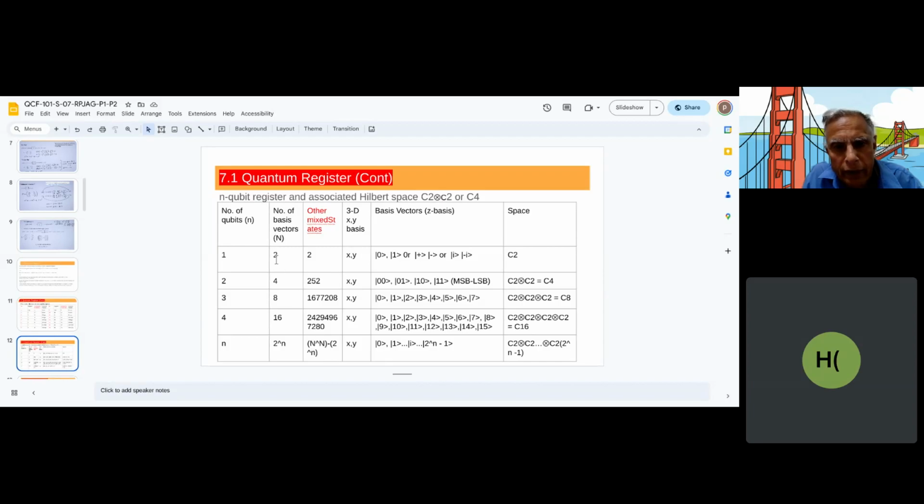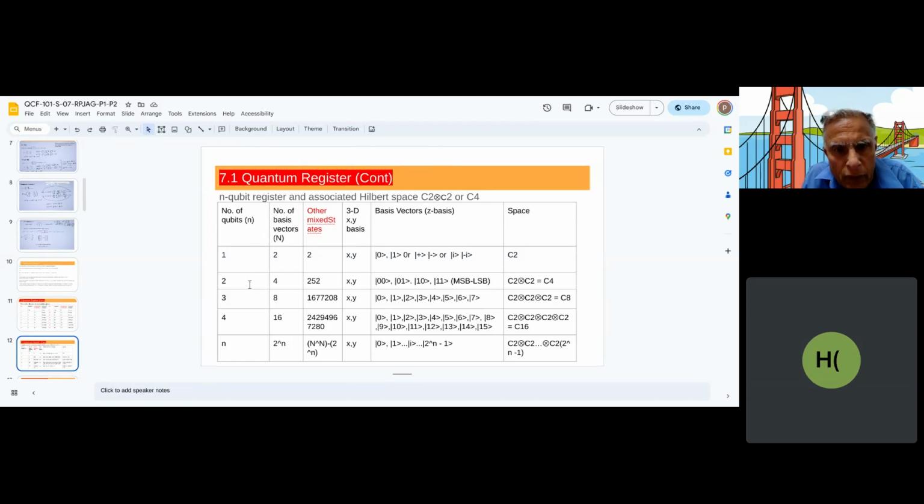So we take N to the power N. If you have one qubit, then 2 to the power 2 is 4, minus the actual 2, which is 2 to the power n, so for one qubit you have two other mixed states and two pure states.